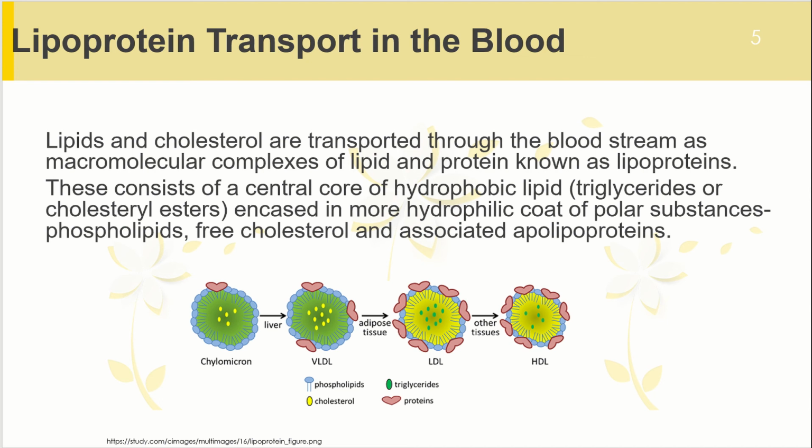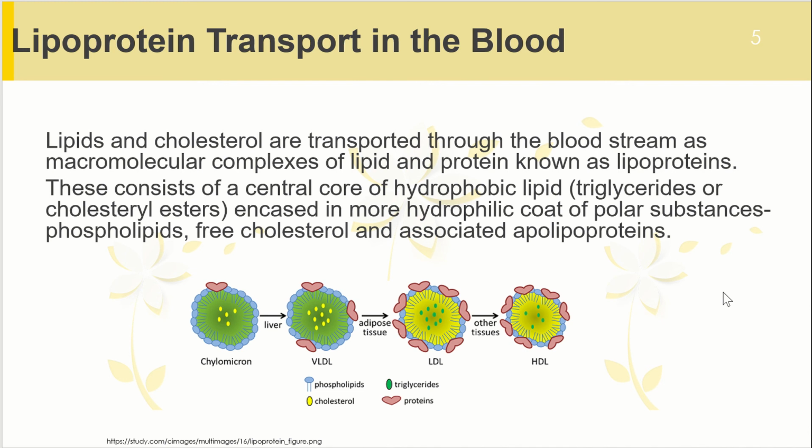Alright, so let's talk a little about lipoprotein transport in the blood. Lipids and cholesterol are transported through the bloodstream as macromolecular complexes of lipid and protein known as lipoproteins, right? So both lipids and cholesterol are transported through the blood in these complexes.